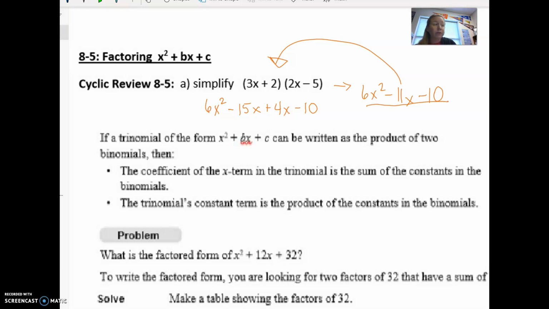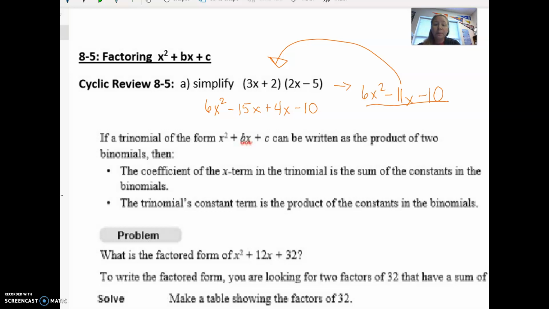We're going to be reversing it. We'll start first by talking about factoring when we have a trinomial and there isn't a coefficient in front of the x squared term. That's a good place to start when we're talking about trinomials into binomials.